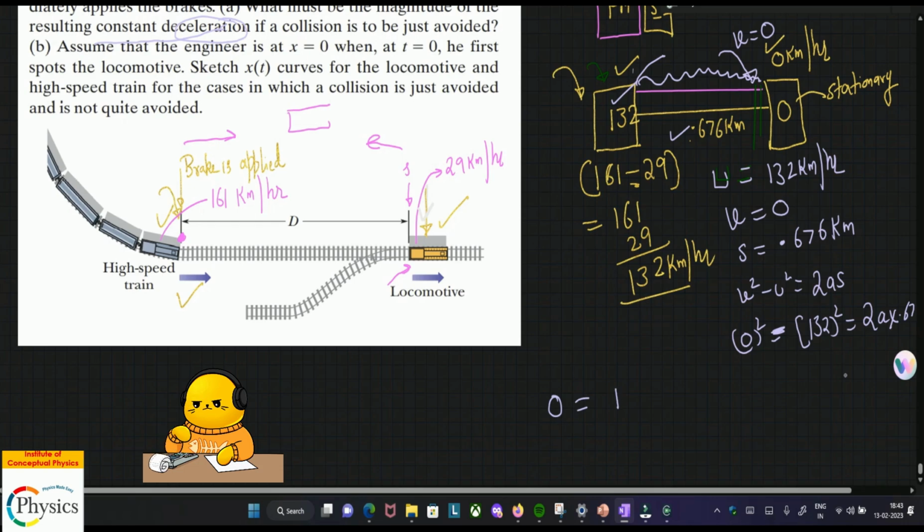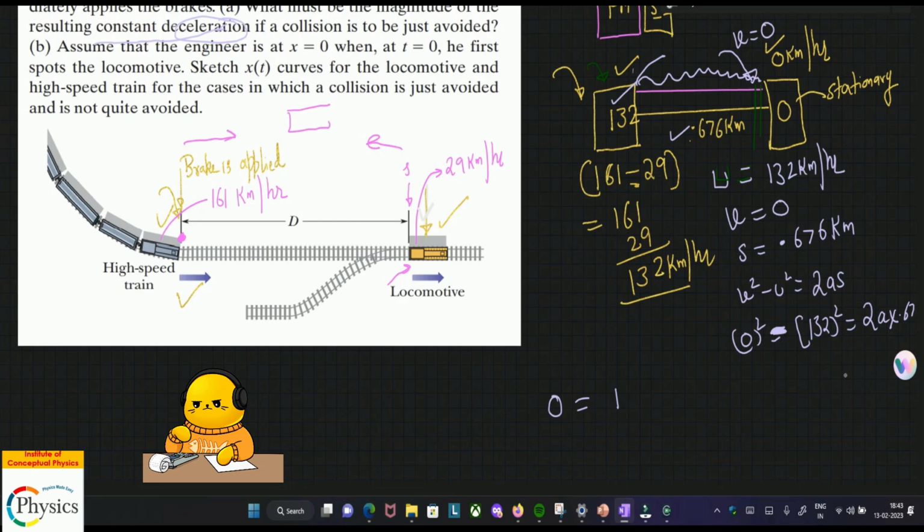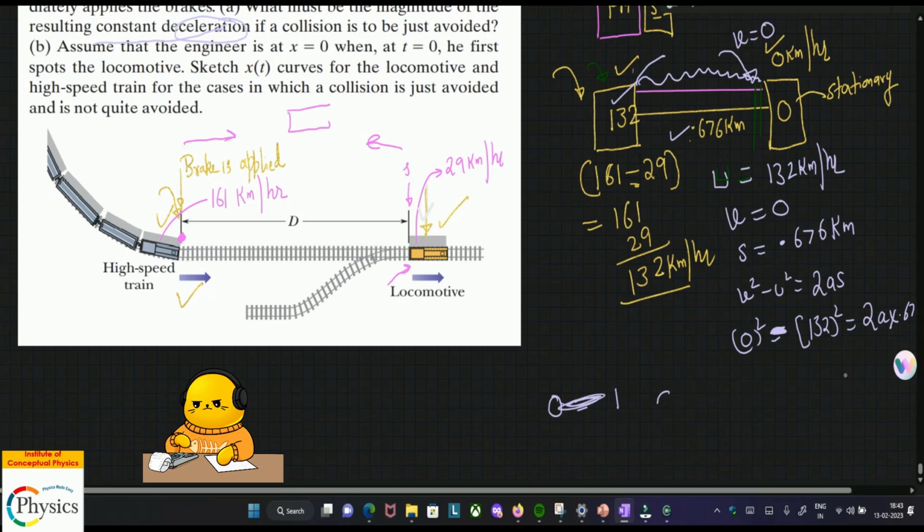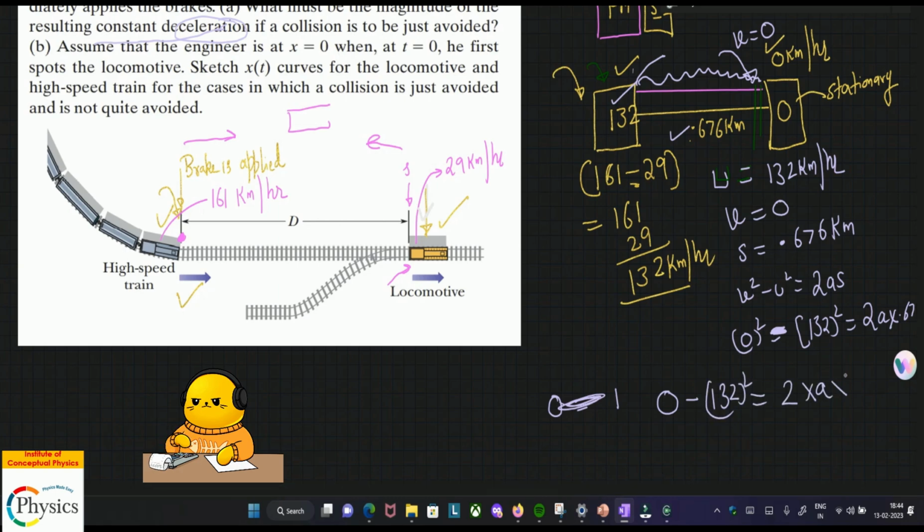This is the minus sign, not equal to. So let me redo this: 0 minus 132 square is equal to 2 into a into 0.676.